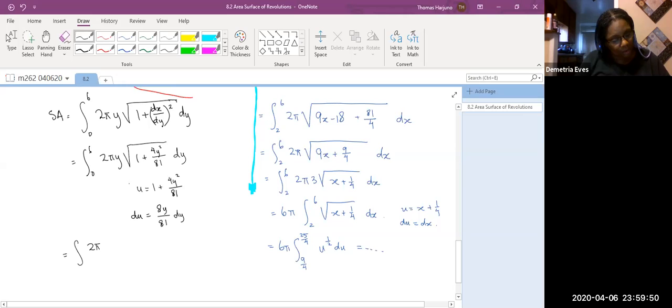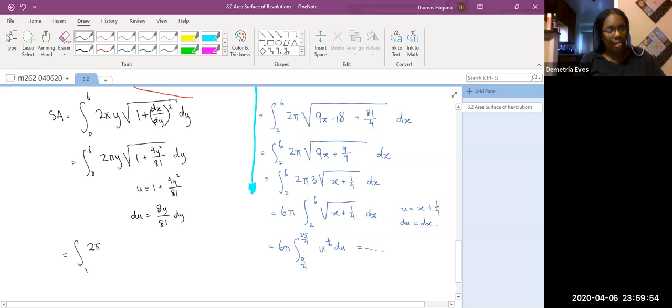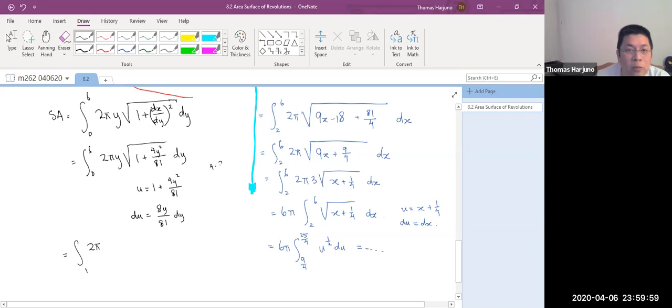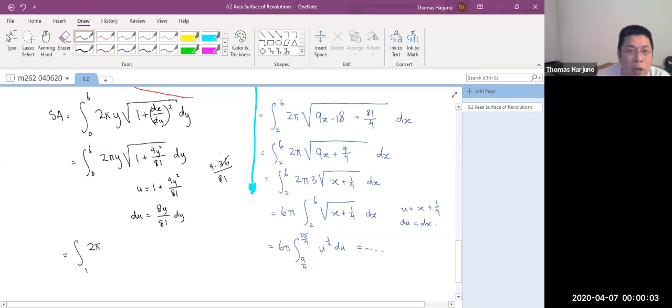Oh, so when my y is 0, this is 1. When my y is 6, oh wow, 4 times 36 over 81. Reduced by 9, this is 4, reduced by 9, this is 9. So that's 16 over 9. Plus 1, that's 25 over 9.